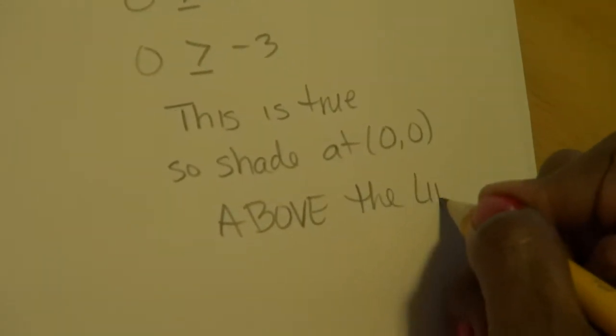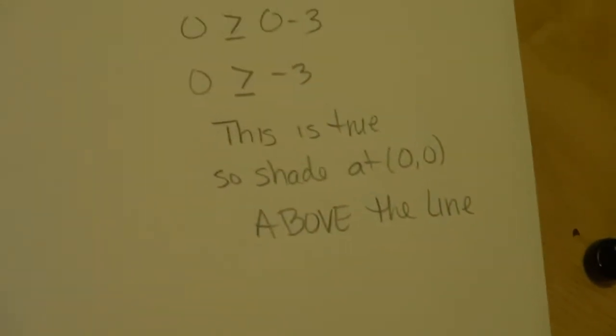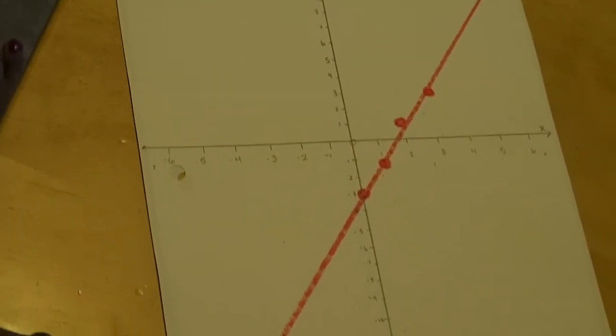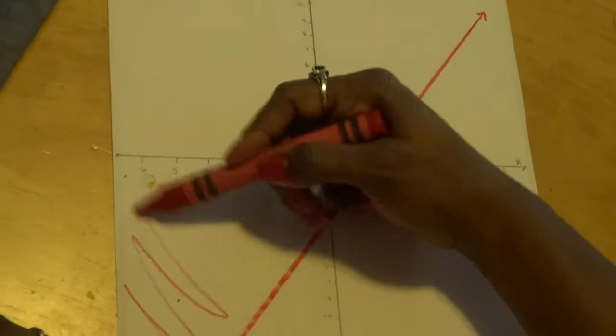Plug in 0 for y, plug in 0 for x, and we end up with 0 is greater than or equal to -3. That is a true statement.